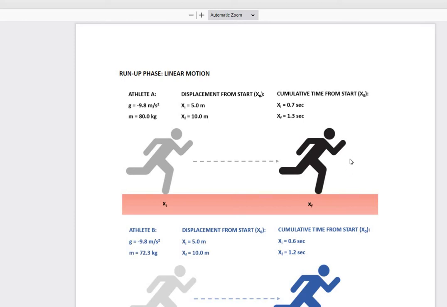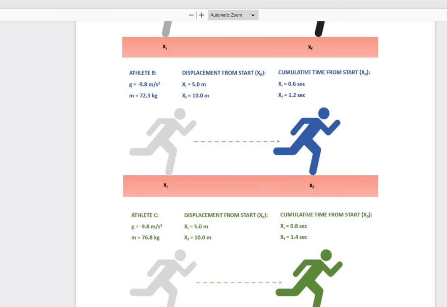So again, it will make sense as you start to do it. So the first place to start would be very much to write down the equations. I will introduce you to a range of equations in the next lecture that you have, which is on Thursday, and I would basically make a note of all these and then start analysing this data that you have here from each of the athletes in the run-up phase.